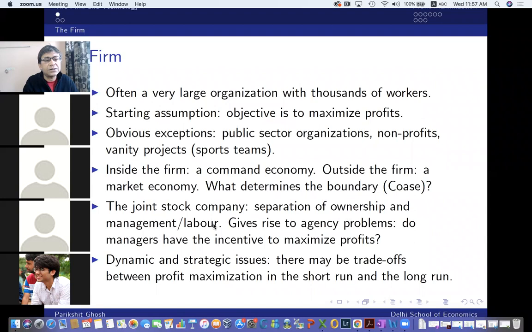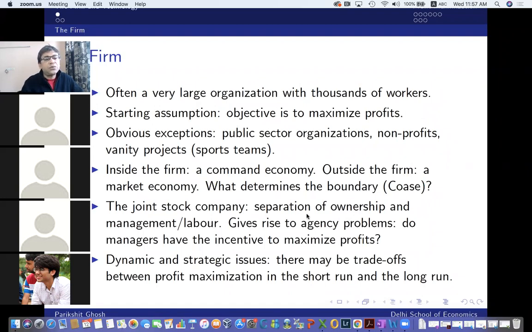You can think of it as a triad. So owners in modern corporations, especially the ones which are publicly listed, the shareholders, they have to constantly worry whether, for example, the management is working in their interest or they're pursuing goals of their own.